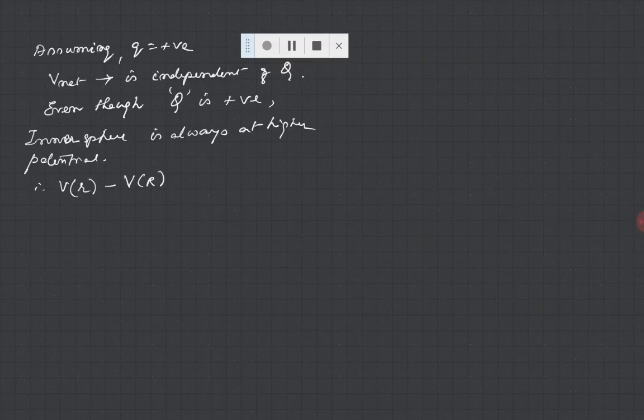The difference V smaller minus V capital R is positive. Now the potential due to capital Q is constant up to the radius capital R and so cancels out in the difference.